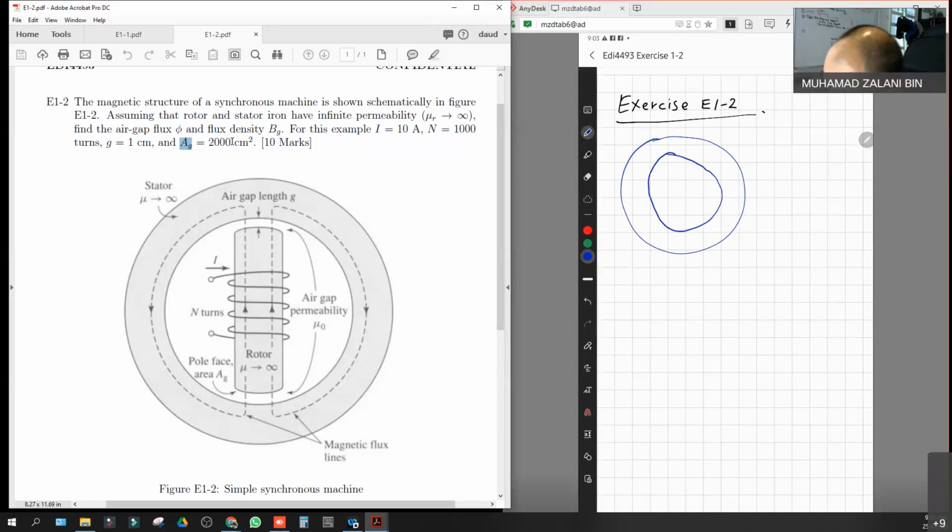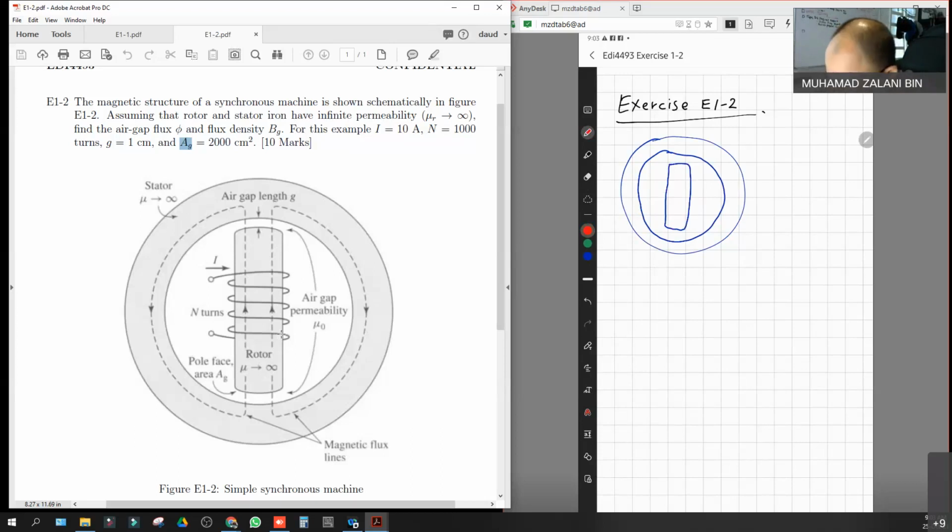The outside one is the stator, the inside core is the rotor part.